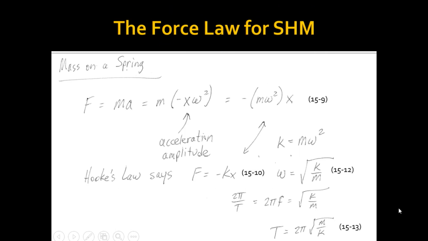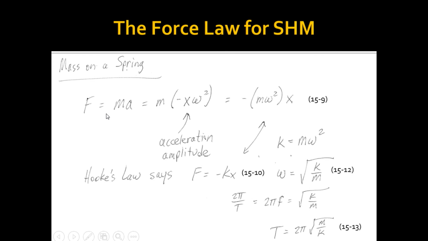All right, our next slide deals with section 15.3 from the book, the force law for simple harmonic motion. So we'll start off using the example of a mass oscillating on a spring. We know that the force is equal to mass times acceleration. That's Newton's second law.